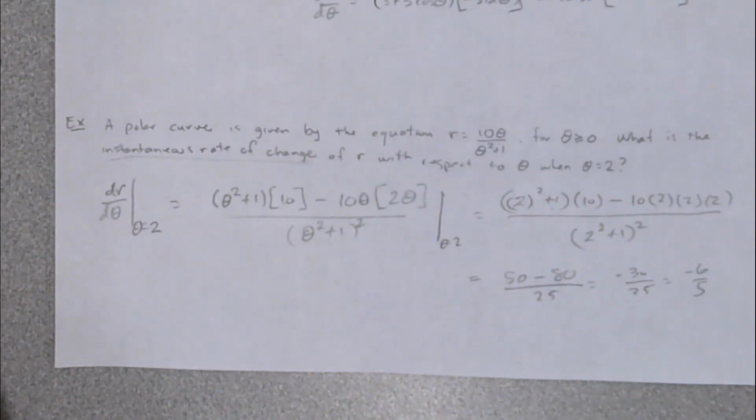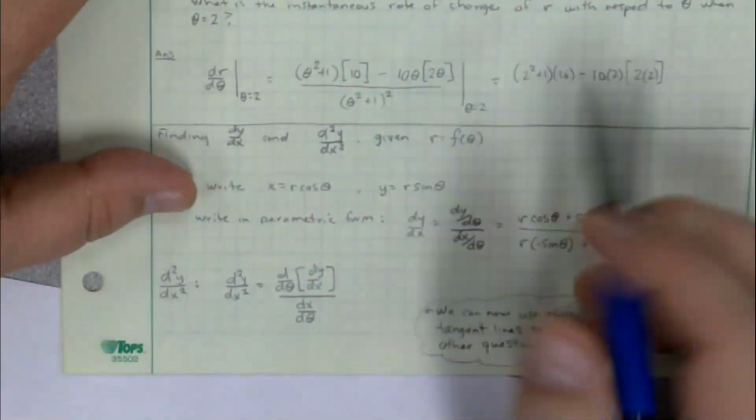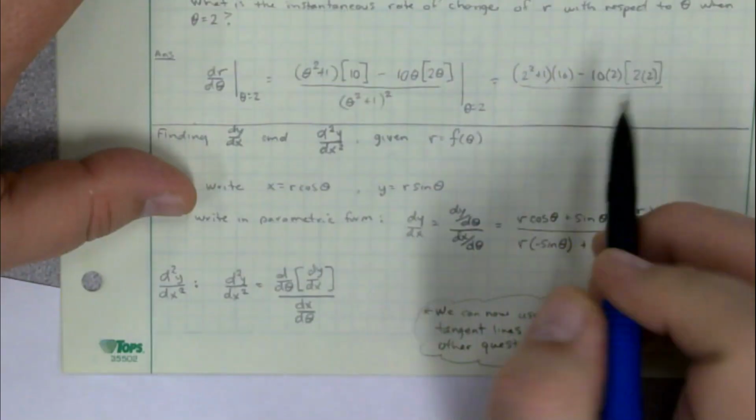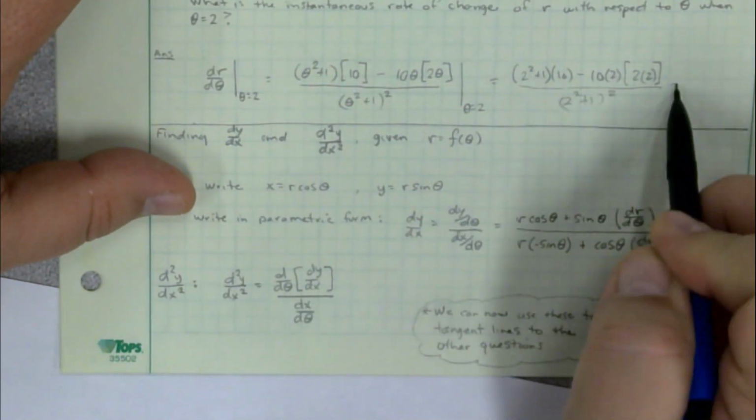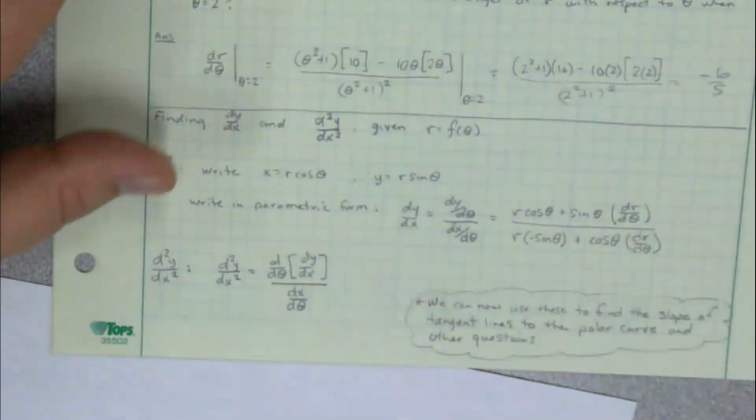And so there's that right there. Pretty straightforward. And what's another question we might have to do? Oh, this is the information, second derivative, sorry. So down here at the bottom, I forgot to do this bottom part down here, sorry. 2 squared plus 1, negative 6/5. I'll put that right there so you can see it.